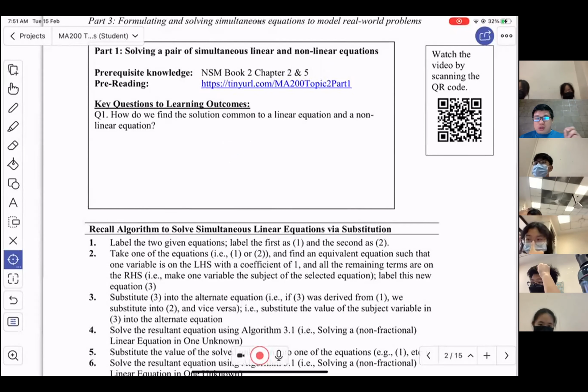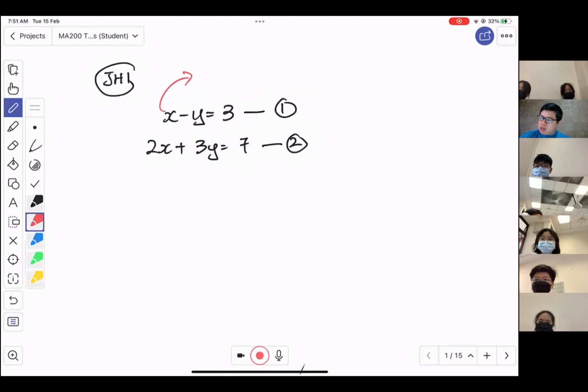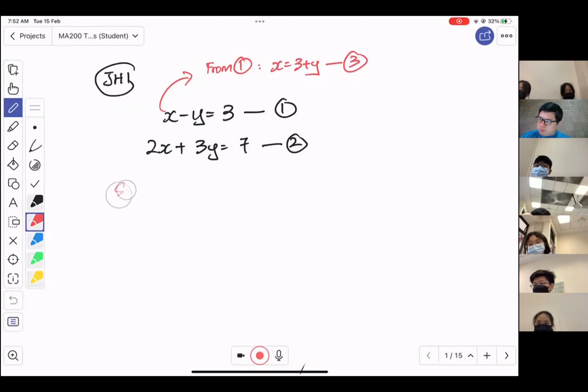the different variables. We will either use substitution or elimination. For example, a very quick one: we take x from equation 1. We maybe let x equal 3 plus y, because of equation 3. After that, we will sub 3 into 2.